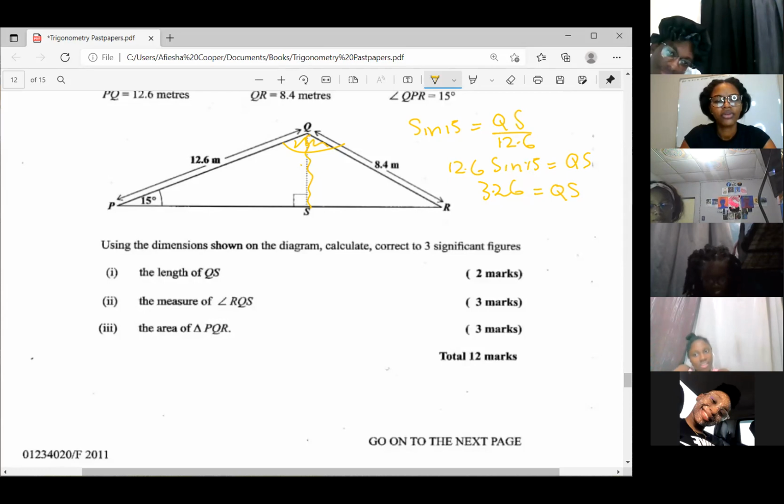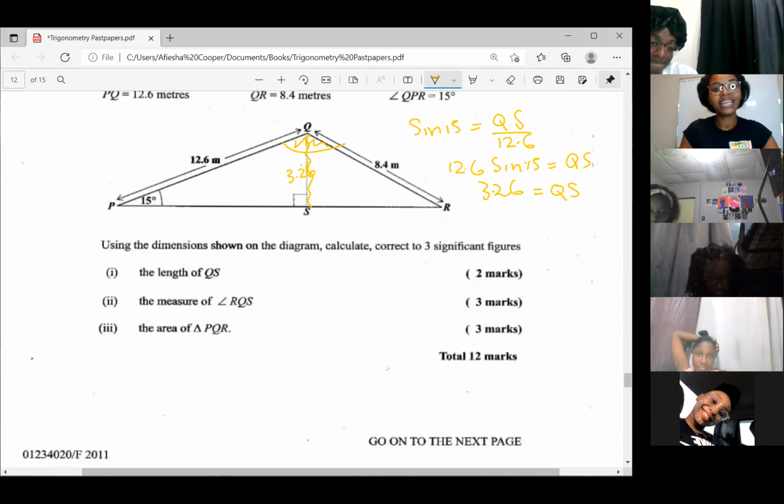So 3.26 over 8.4 equals cosine. QS is 3.26. Right.